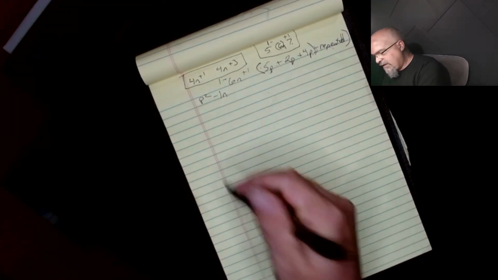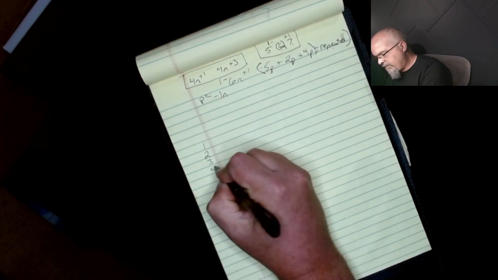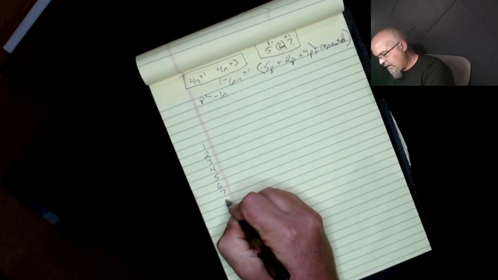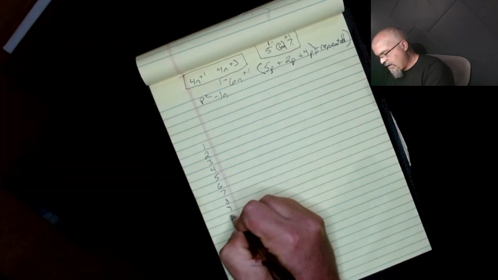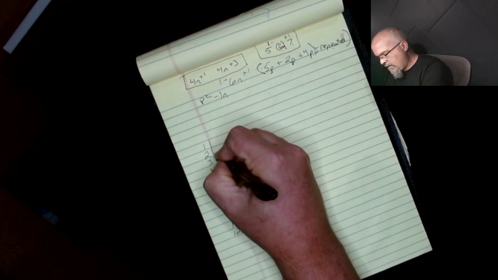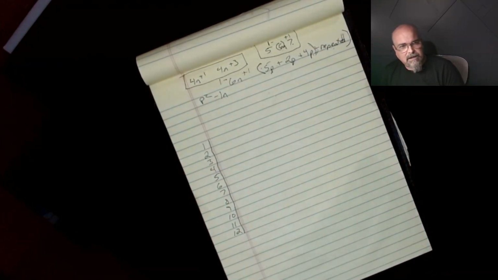So let's do this. Let's take 1, 2, 3, 4, 5, 6, 7, 8, 9, 10, 11, 12. Now, let's just do some simple multiplication.